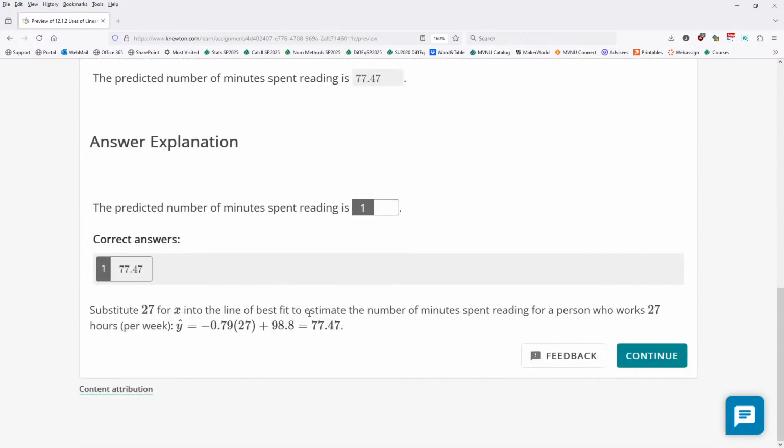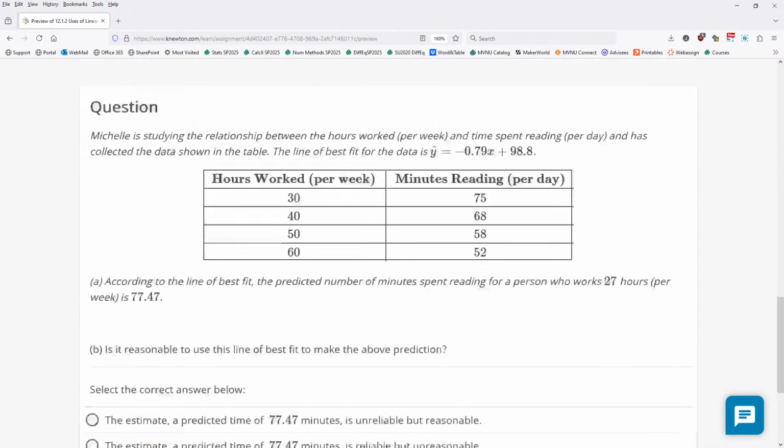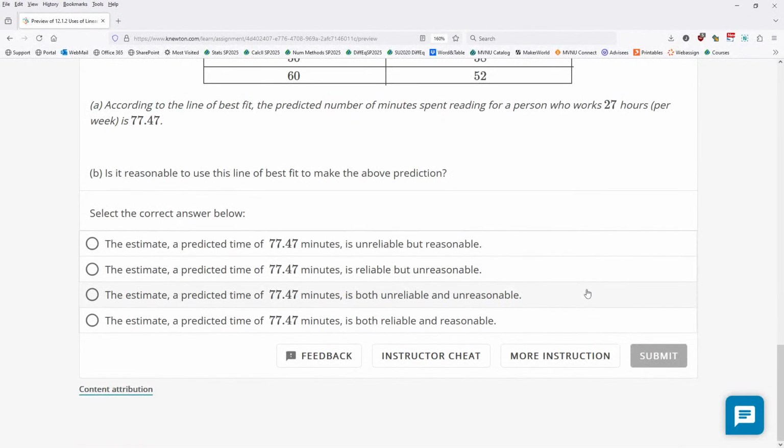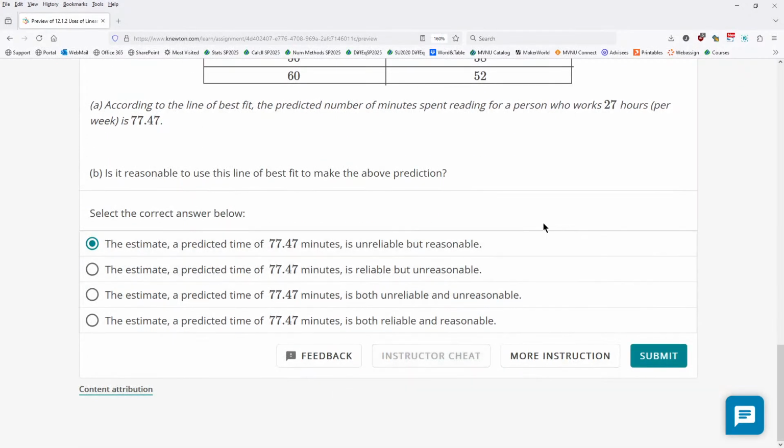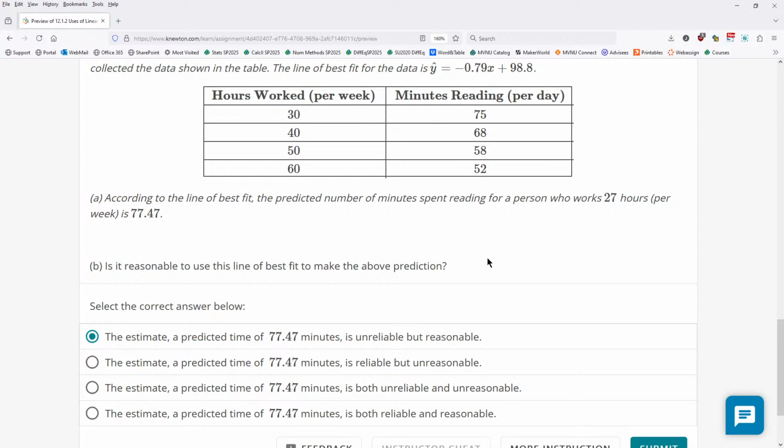Because you're making predictions based on the least squares regression line. Oh, this business. I hate this. Sorry, the wording is kind of weird. Let me explain briefly what this means. What they're referring to about the estimate being reasonable and unreliable or reliable: reliable means you're making a prediction for a number that is within your range of observed data.